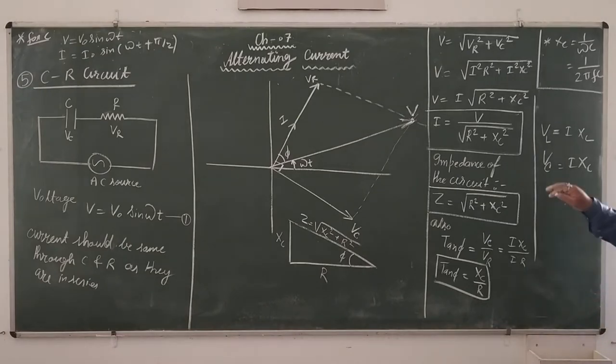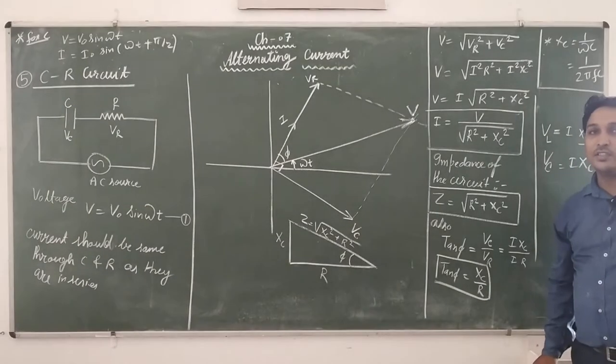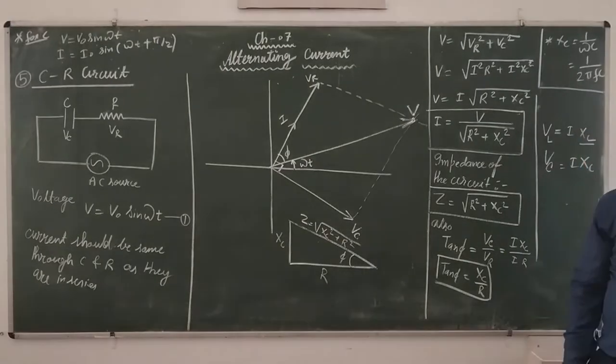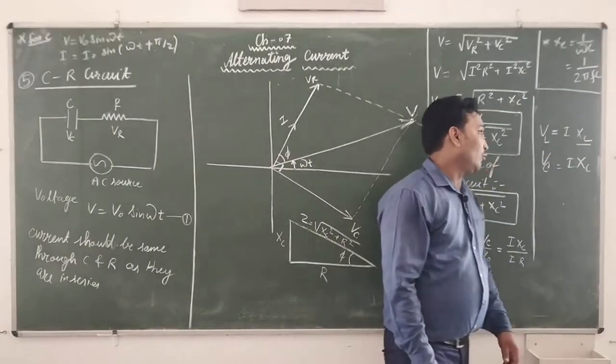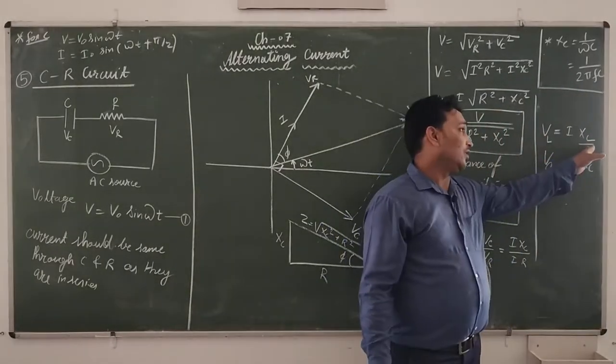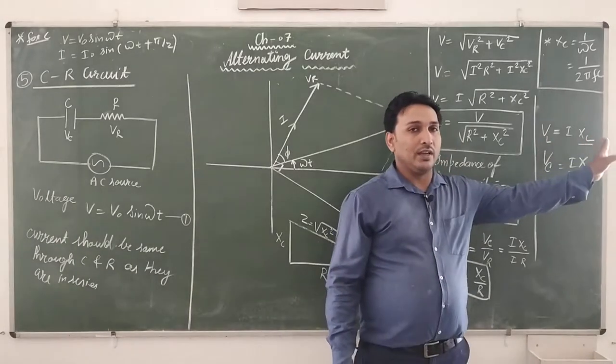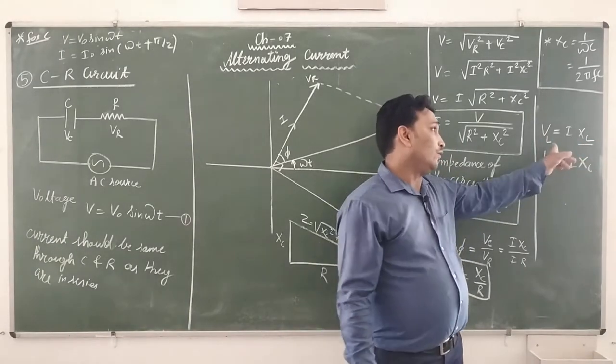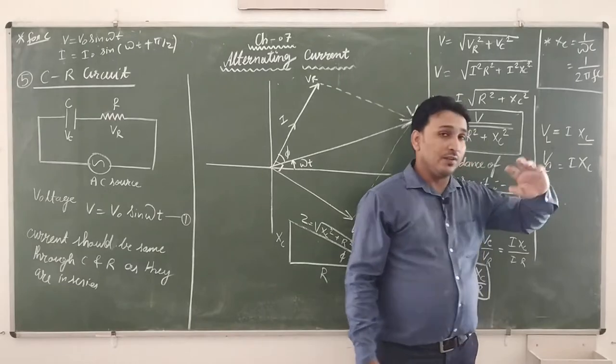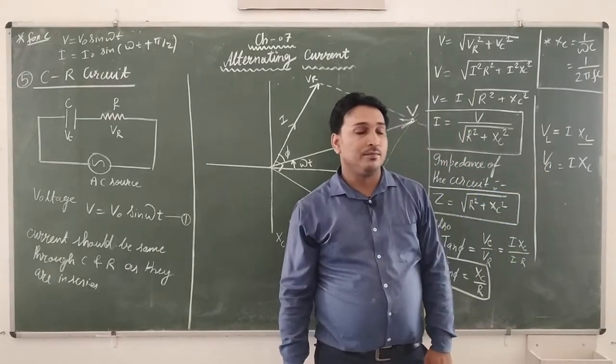I have told you yesterday that XL plays the same role as the resistance plays in the circuit. So V is equal to IR is nothing new for you. In case of an inductor we should write I into XL.